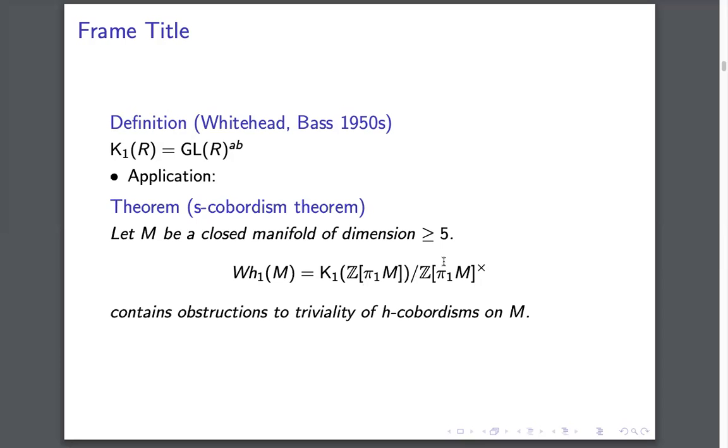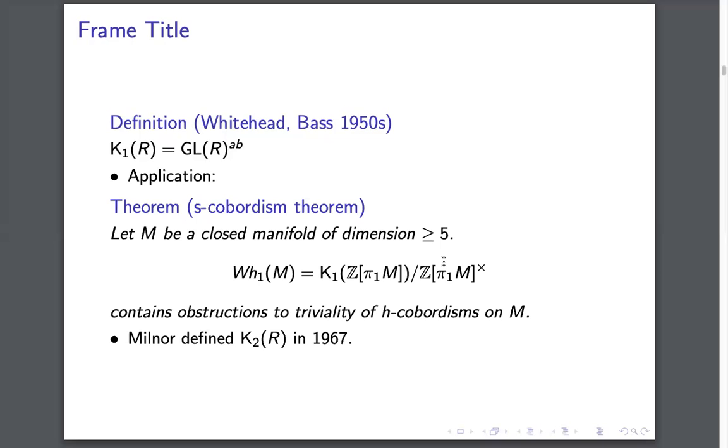This contains obstructions to triviality of what are called h-cobordisms on M. An h-cobordism is a cobordism where the inclusions of the boundary are homotopy equivalences. You say an h-cobordism is trivial if it is equivalent to a cylinder. This is pretty interesting because this thing that we define in a completely algebraic manner ends up containing obstructions to this topological phenomenon.